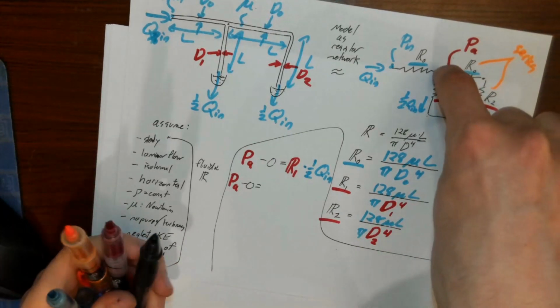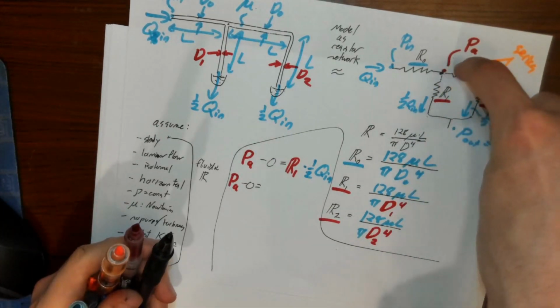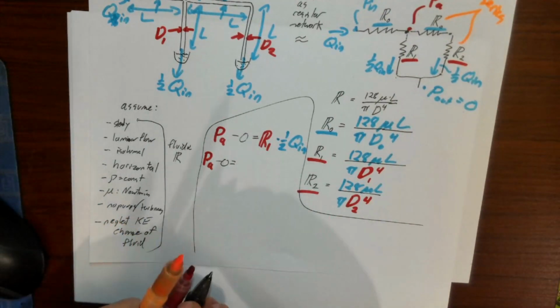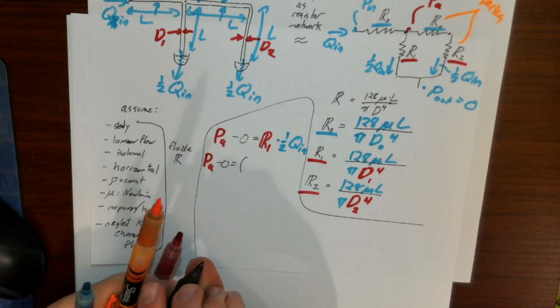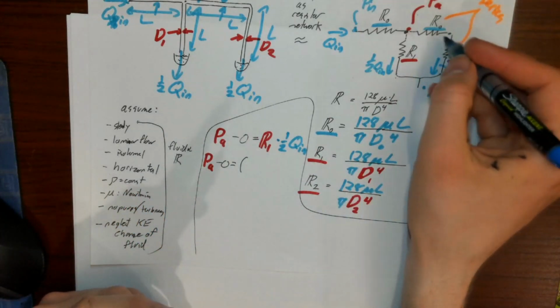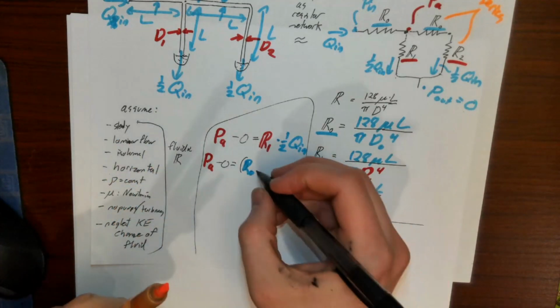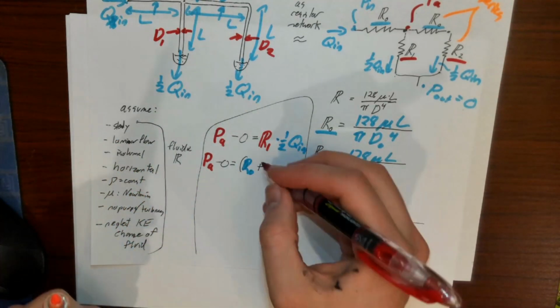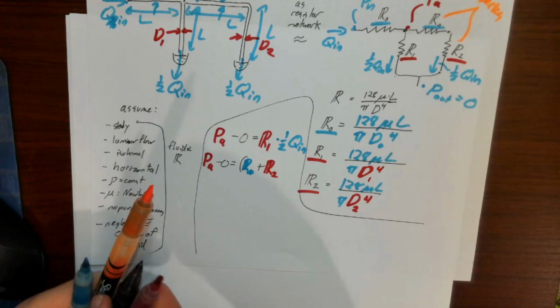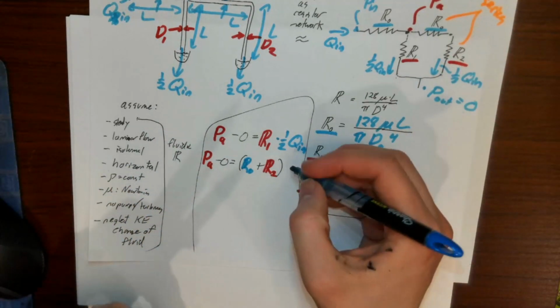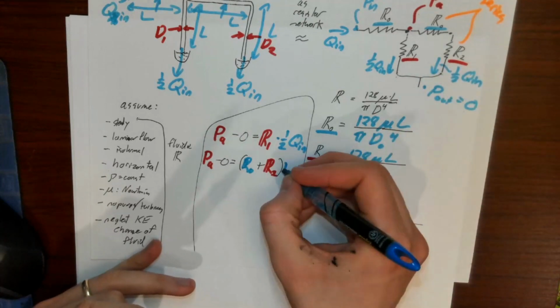It's basically saying Ohm's law applies here. Ohm's law also applies to these two if I combine them into some equivalent resistance. So what does that look like? We basically have the sum of these two resistances as their equivalent resistance, R0 plus R2, times the flow rate through this branch, 1/2 Qn.